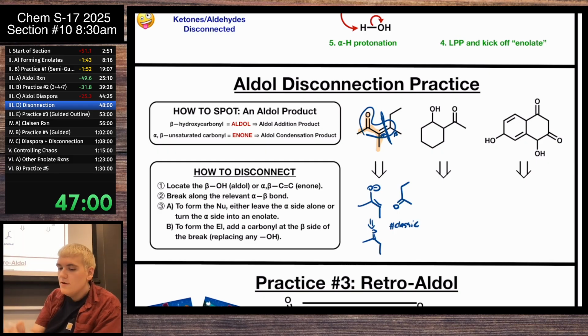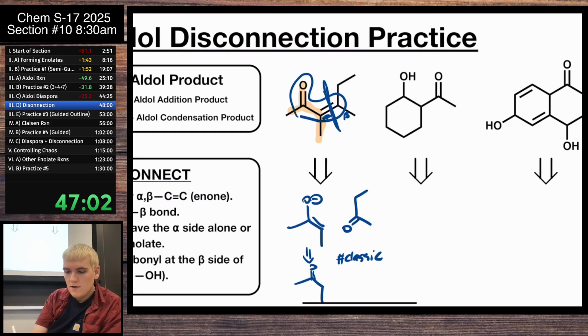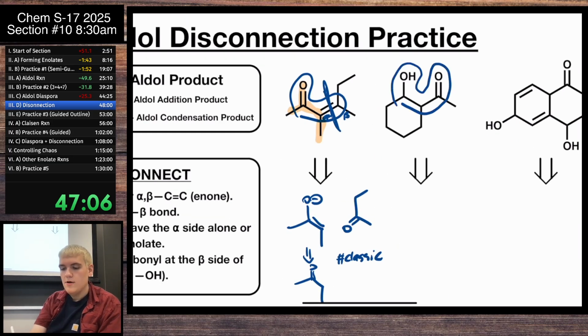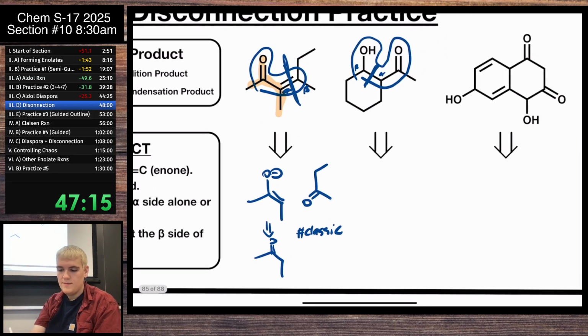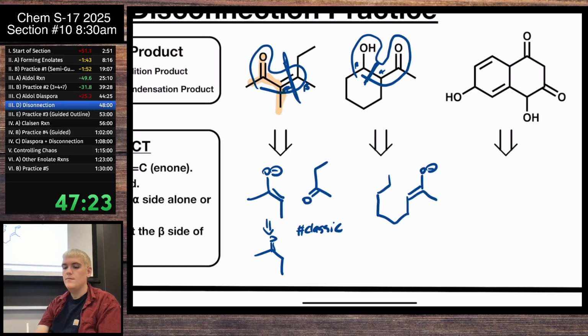Okay. So in our middle one here, we see our beta hydroxycarbonyl or aldol. We can label our alpha, beta positions, and we know we're going to cut between them because our alpha carbon did the attack. So on the alpha carbon side, that's the side that was our enolate. And then our beta carbon side was our carbonyl.